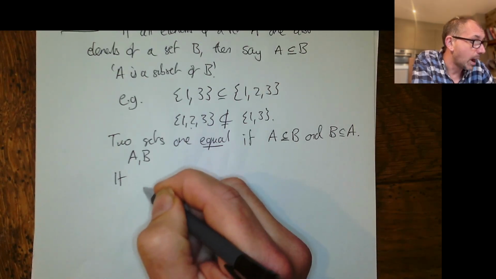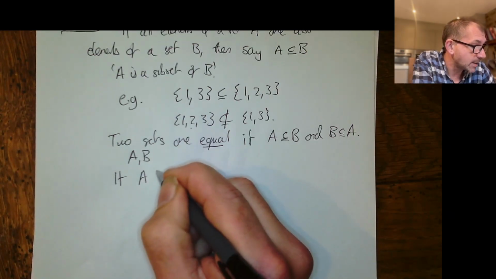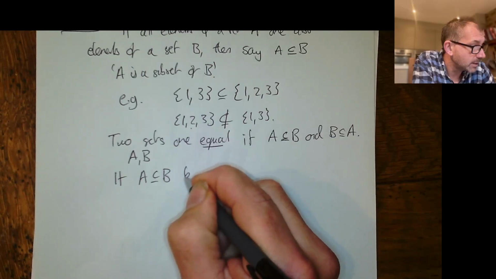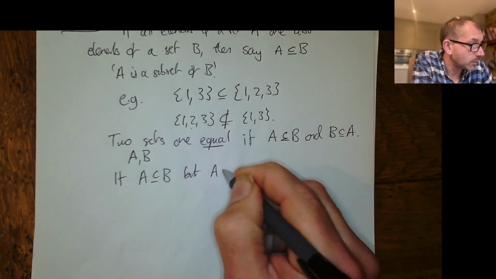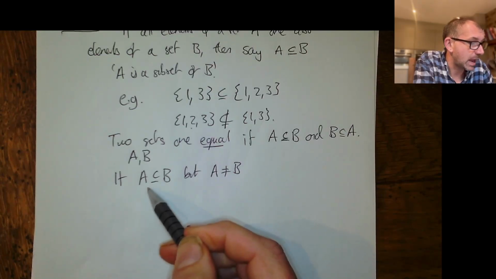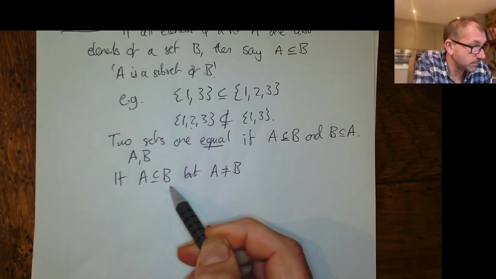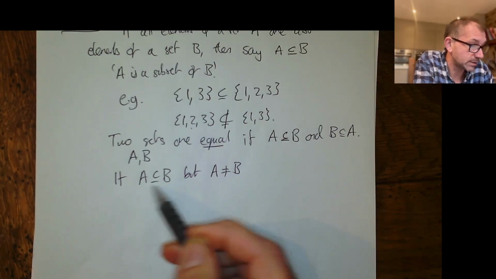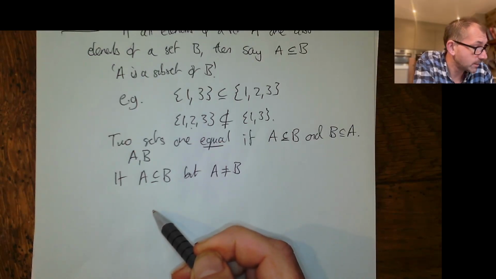If A is a subset of B, but they are not equal, so that means that B has some element in it that's not in A, right?